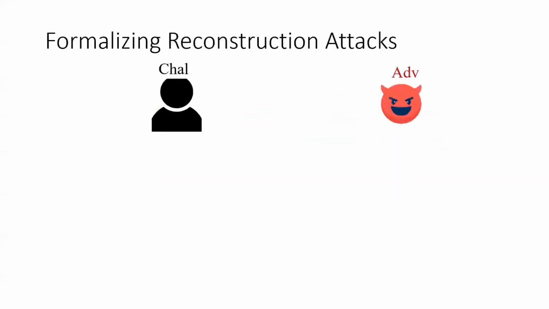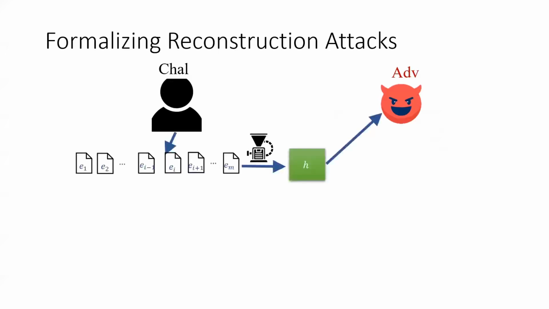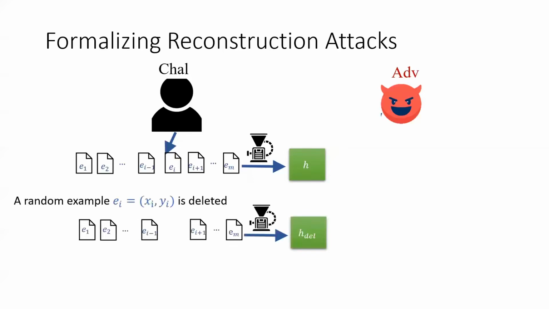Similar to deletion inference, there are two parties, a challenger and an adversary. The challenger first picks a dataset with size m and trains a model with the learner. The adversary has oracle access to this model. And the challenger picks an example to delete and trains a new model. After that, the adversary is given oracle access to this new model.